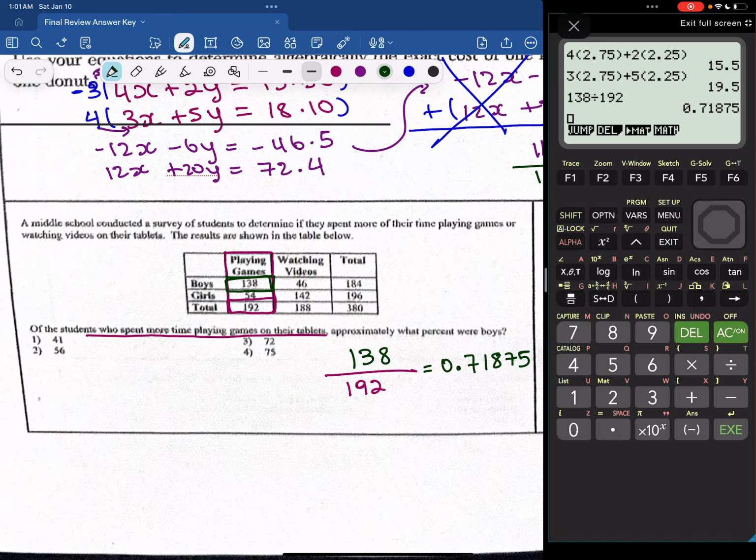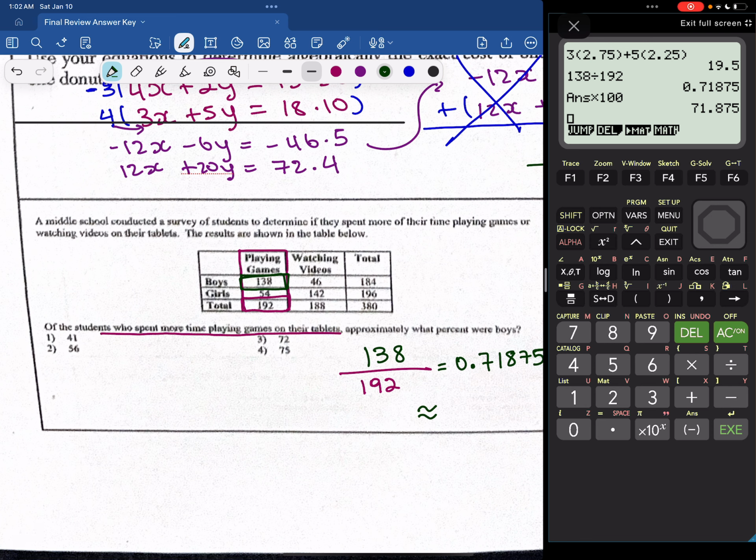So when you have a decimal and you want to convert it to a percent, all you need to do is multiply the decimal by 100. So if you do that, you're going to see that it's just going to be 71.8%. And if we round that up to a whole number, it would be 72%. So this is approximately 72%, which is choice 3.